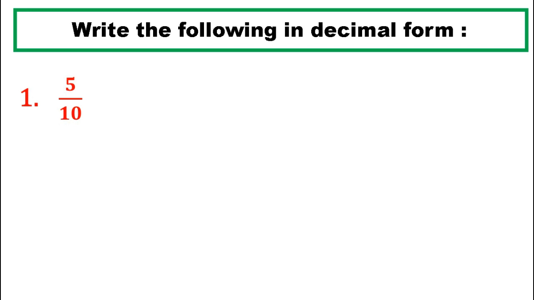Let us now look at the third question, which says write the following in decimal form, that is in decimal numbers. The first number we can see is in decimal fractions. So we will have to convert a decimal fraction into a decimal number. So the first step will be to write the number which is in the numerator, that is 5. Next, we will count the number of zeros in the denominator.